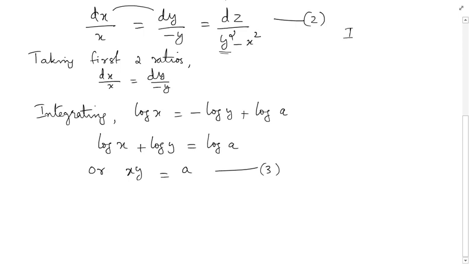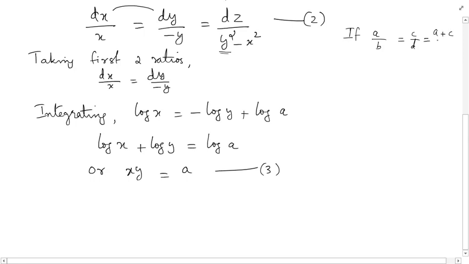And from ratios and proportion, you know that if a by b is equal to c by d, then each ratio will be equal to a plus c by b plus d, or this will be equal to a minus c by b minus d, and like that you can find new ratios.